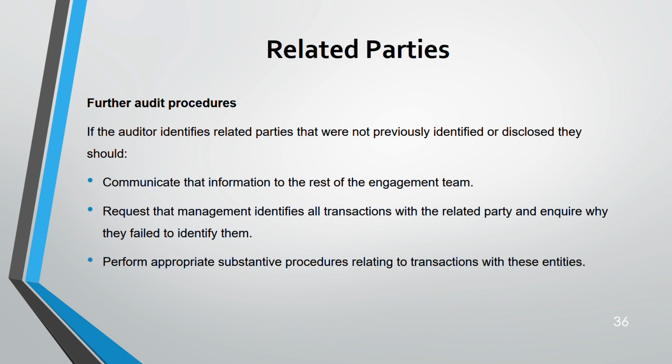Then perform substantive procedures relating to transactions with the client. Reconsider the risk. Remember, now you have to change your risk. You have to reconsider the risk that other unidentified related parties may also exist. It's not just that you identified one or two related parties; there might be others which you have not identified. So there's a risk of that also.